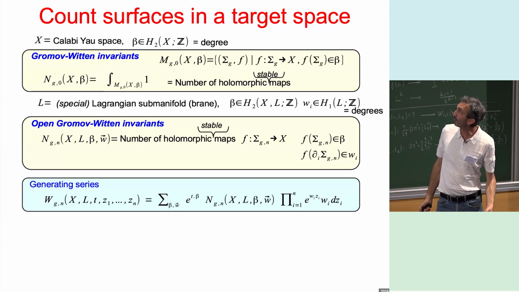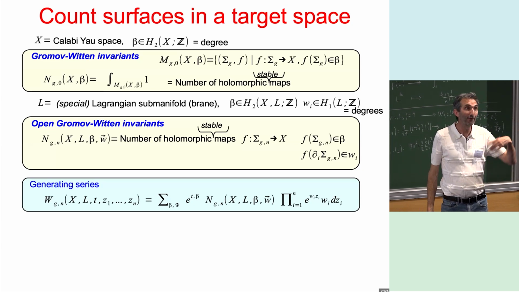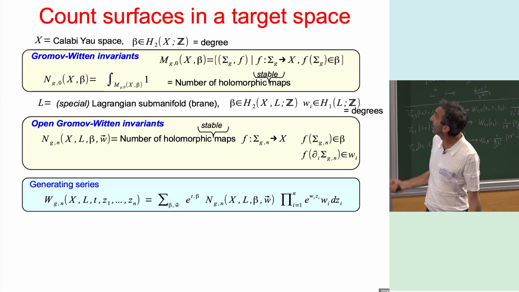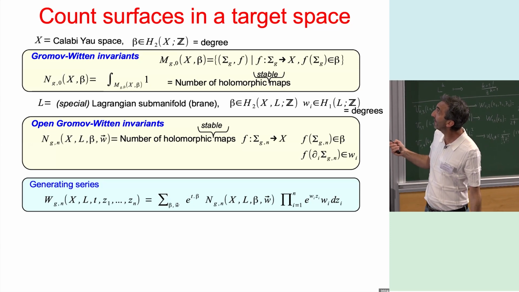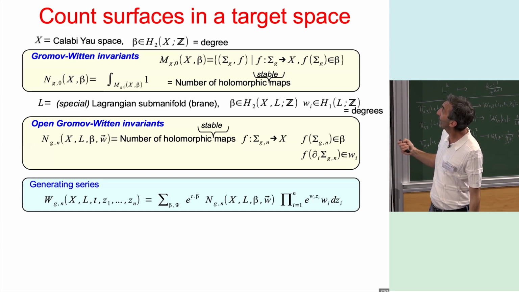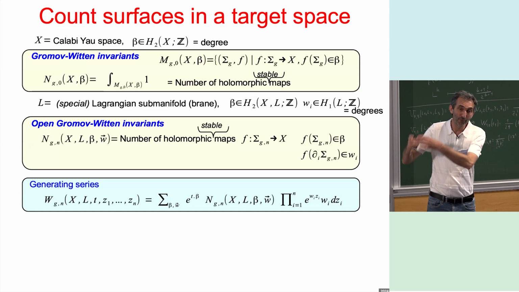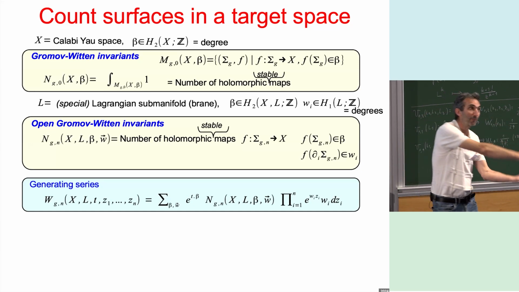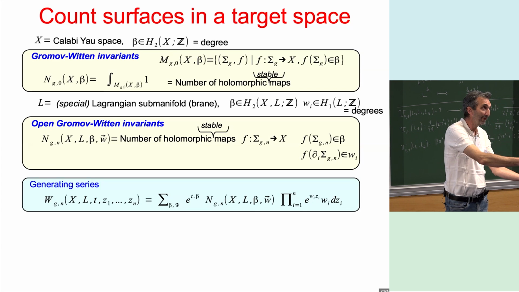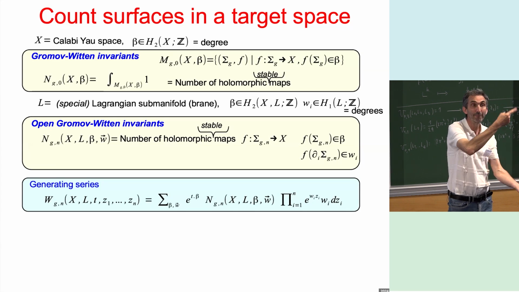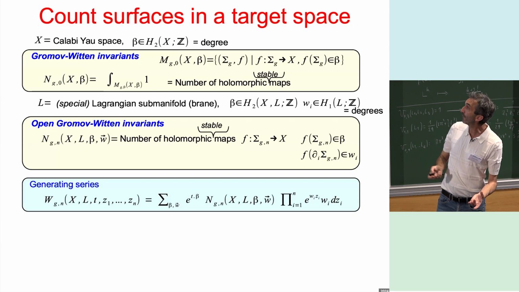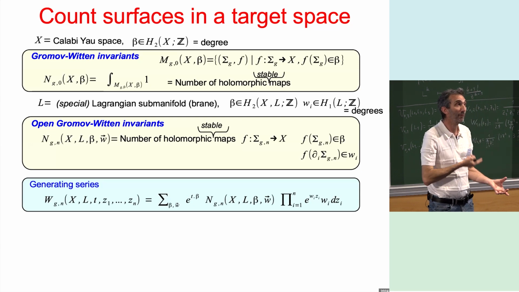So you have to put the boundaries on this special Lagrangian submanifold, and in how many ways can this be done? And this can depend on the degree of your surface, on the degree of embedding, beta, and in fact, when you embed the boundaries, so the boundaries of your surface will end up on your brane, but they can wrap the brane many times. So the degree of the boundaries is the winding number.